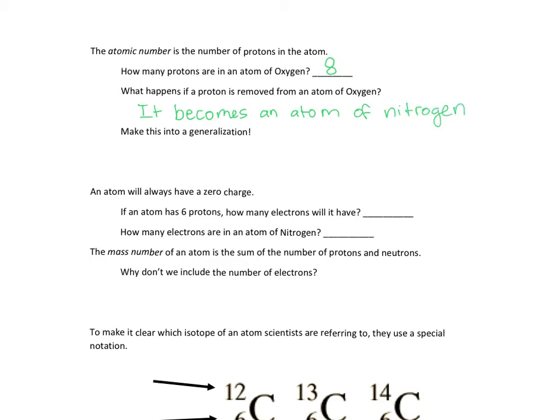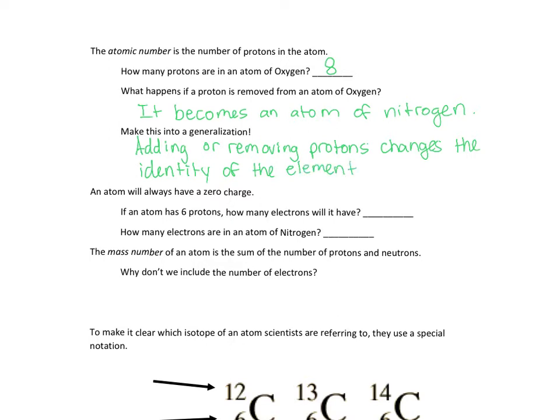Okay? So if we were to take this and make it into a generalization of some sort, it would probably be something like: adding or removing protons changes the identity of the element.